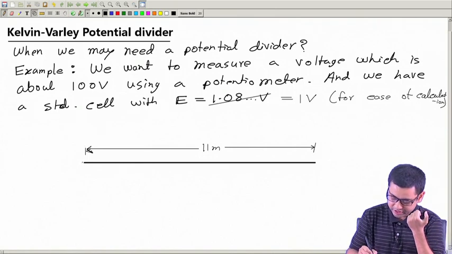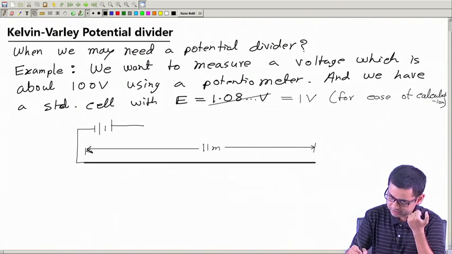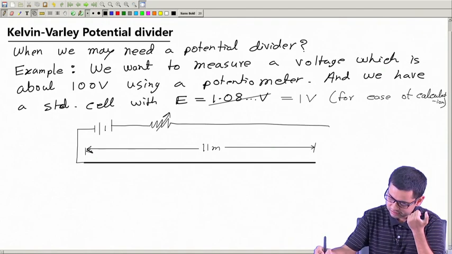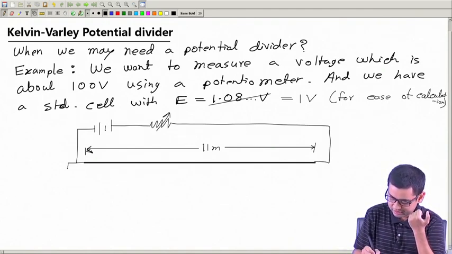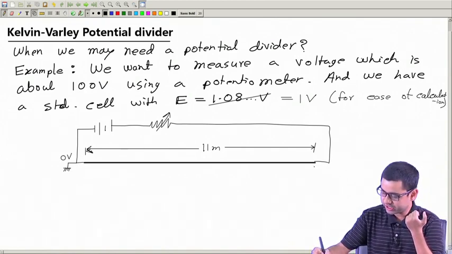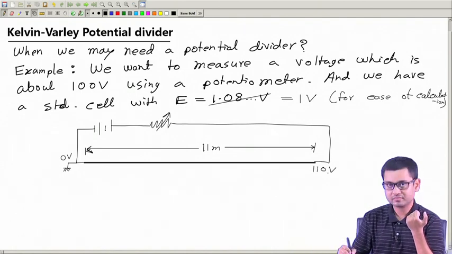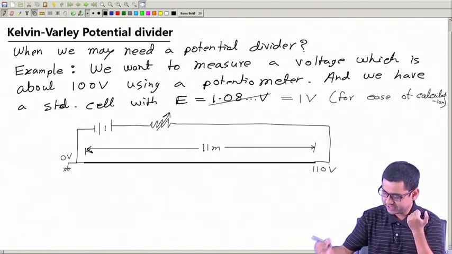So, therefore, we definitely need a DC supply, which will provide more than 100 volt here. So, if I take this side as the reference 0 volt, this side should be around maybe 110 volt. That is an easy number.